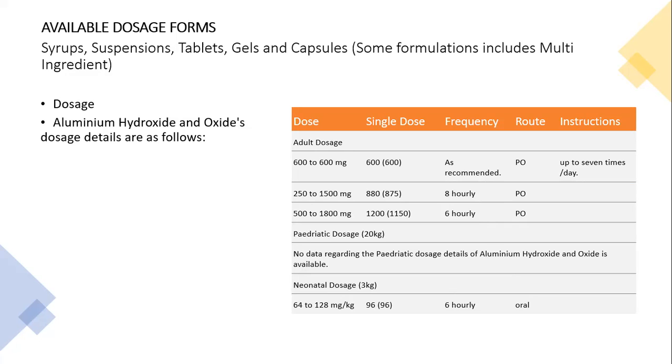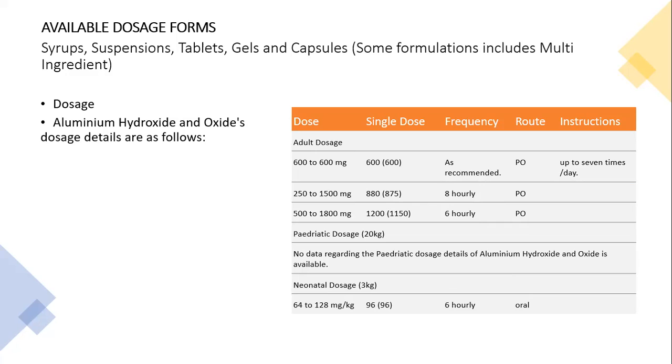It could be varied depending on your meals or the severity of acidity. Other doses include 250 to 1500 milligram given 8 hourly, and 500 to 1800 milligram given 6 hourly, depending on the single dose concentration.